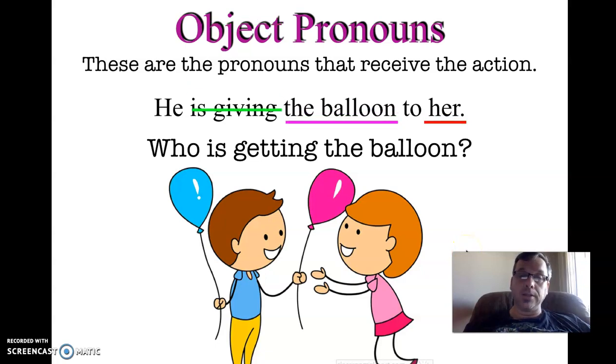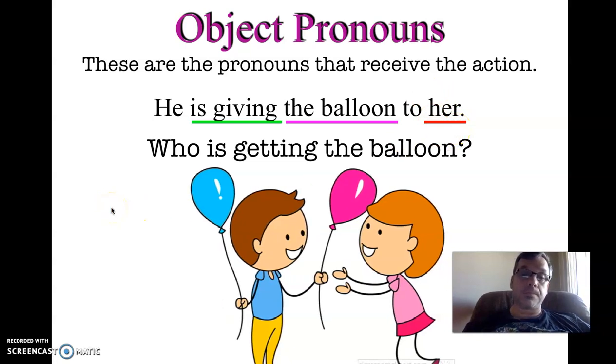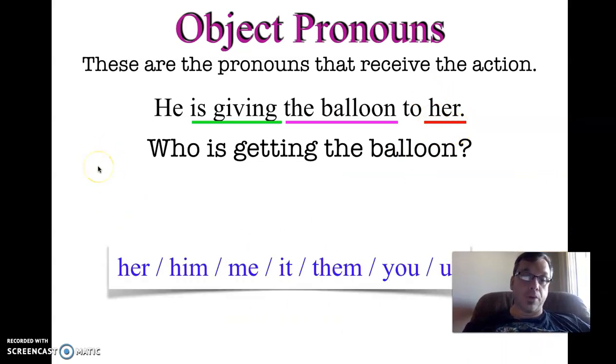And let's look at the other parts. So verb, the object, the thing that is being given, and the person who is receiving the object. If there is someone here, a pronoun who is receiving something, it's going to be an object pronoun. Okay, her. Here are the object pronouns: her, him, me, it, them, you, and us.